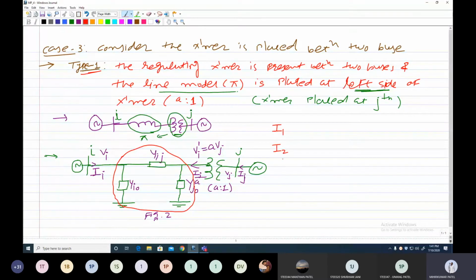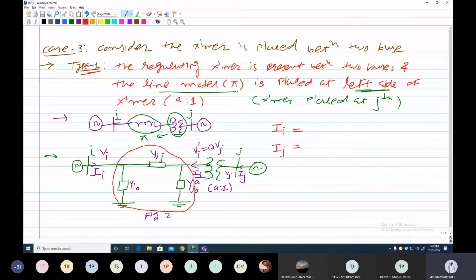So can anyone help me to write down the equation, applying KCL, for the currents Ii and Ij? Can anyone help me write the equation for the current injected by the bus into this network, applying simple KCL? We have done this earlier.